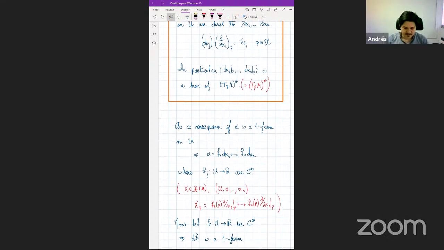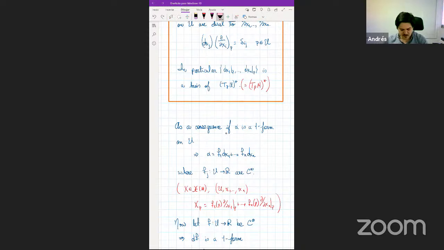Okay, now this is the general framework for a one form on U when we have coordinates. But now let's take a function, a real valued function. As we said before, associated to f, we have a one form.